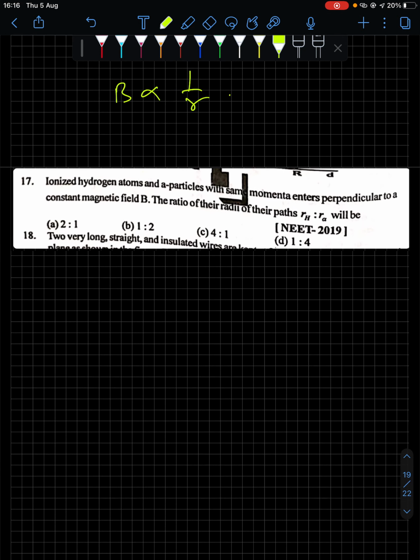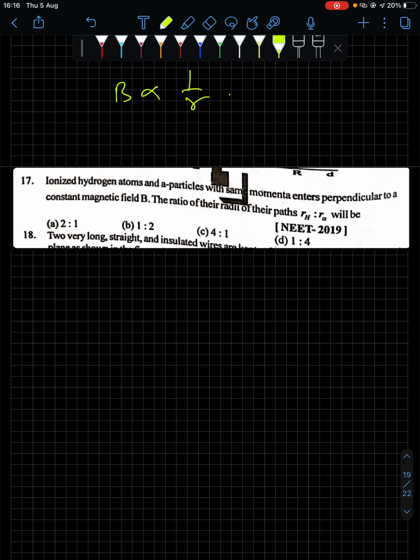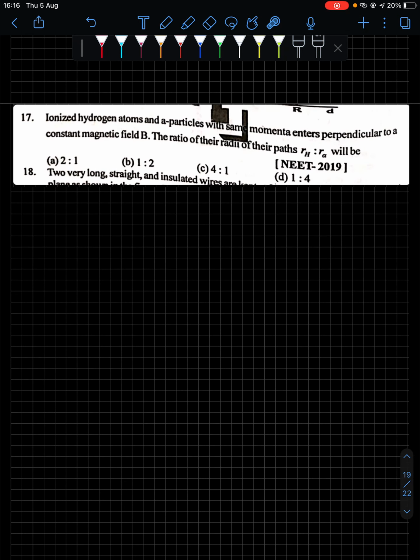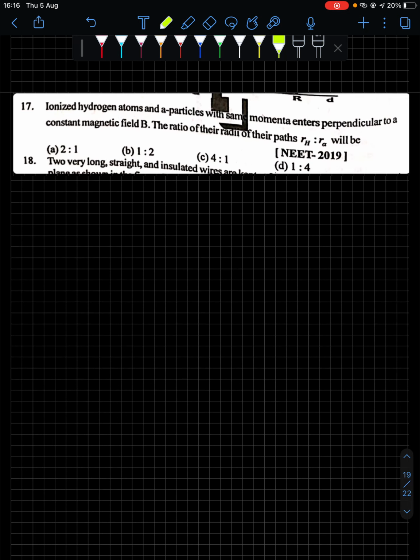Okay, I hope this is clear. Question number 17. Ionized hydrogen atoms and alpha particles with same momenta enter perpendicularly to a constant magnetic field. The ratio of the radii of their paths will be what?